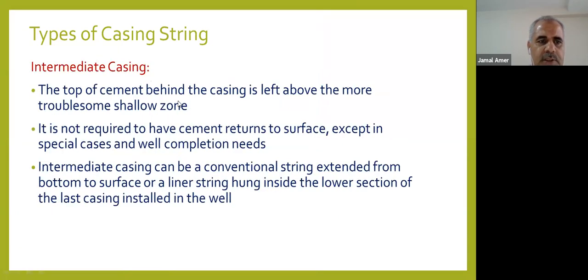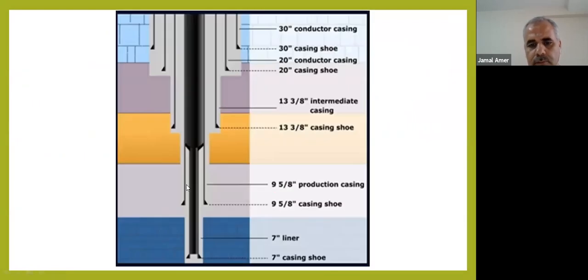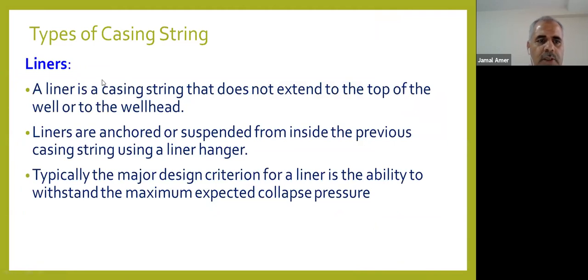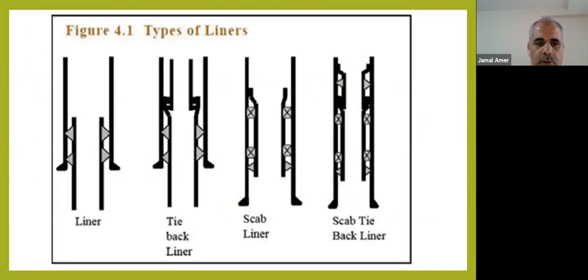Intermediate casing, production casing here. Liner, as I told, is a kind of casing, but it's not extended to the surface. We do that to save cost.